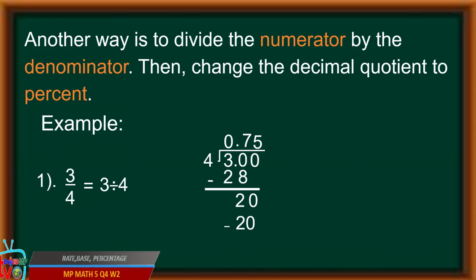Now, 20 minus 20 is equal to 0. Our quotient there then is 75 hundredths. Then we're going to change the decimal to percent. So we have 75%.